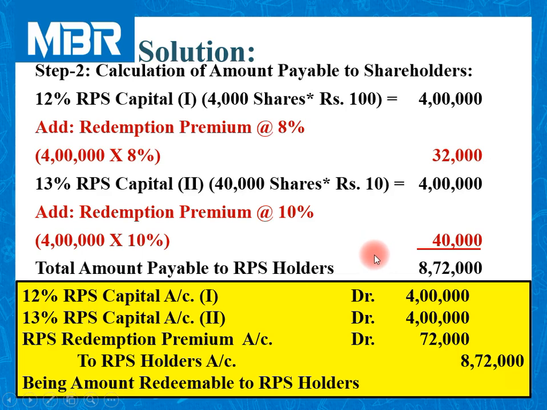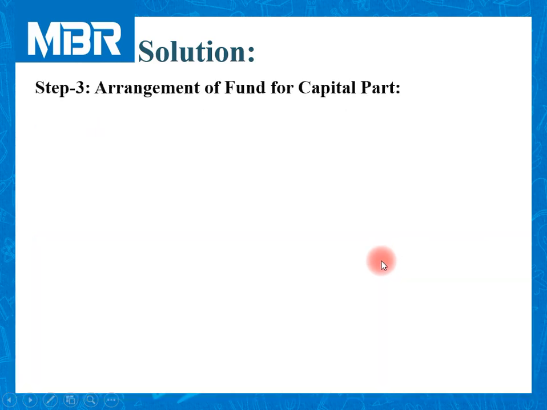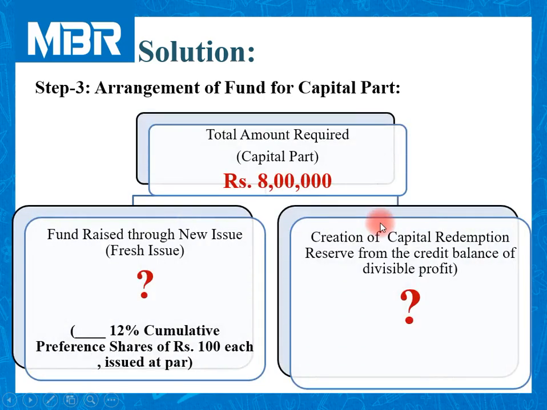This calculation will be useful to decide the arrangement of funds in step number 3 and step number 4. Let us move to step number 3. It is all about arrangement of funds for the capital part. As we know, we need to redeem rupees 8 lakhs for the capital part, as I discussed with you just a few seconds ago.